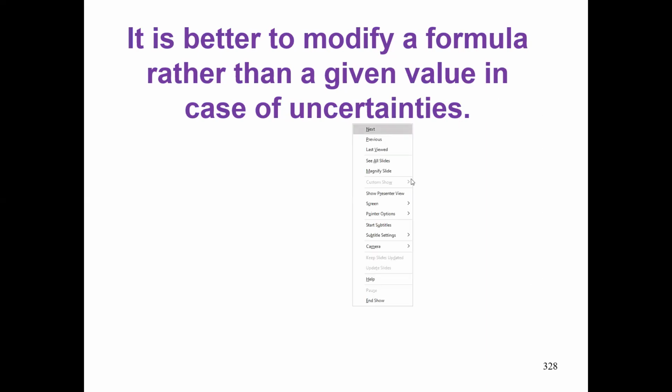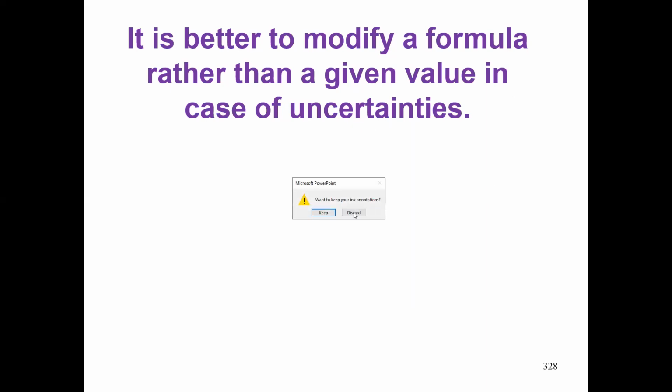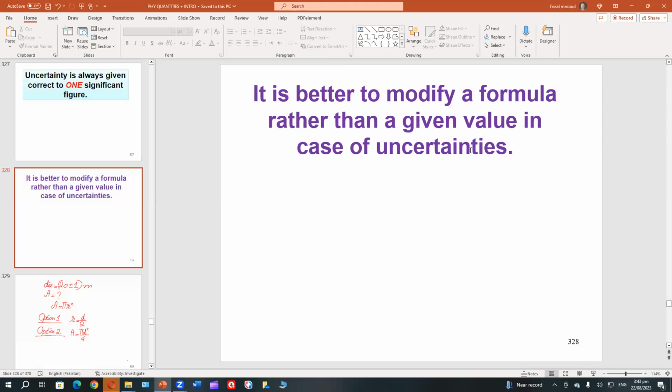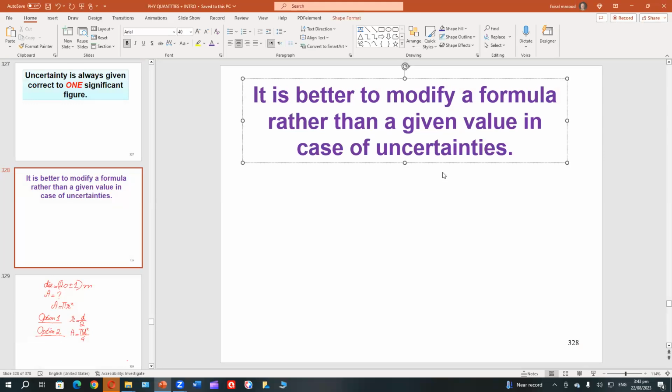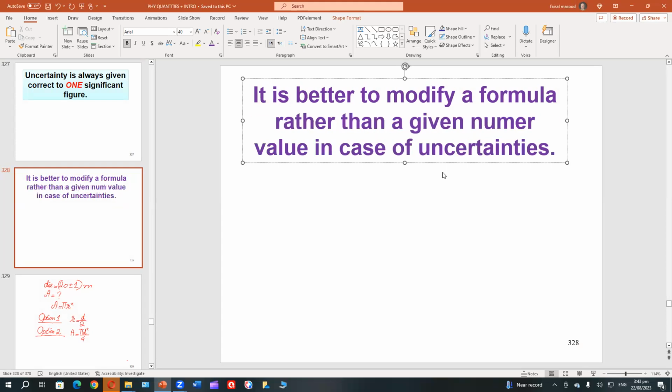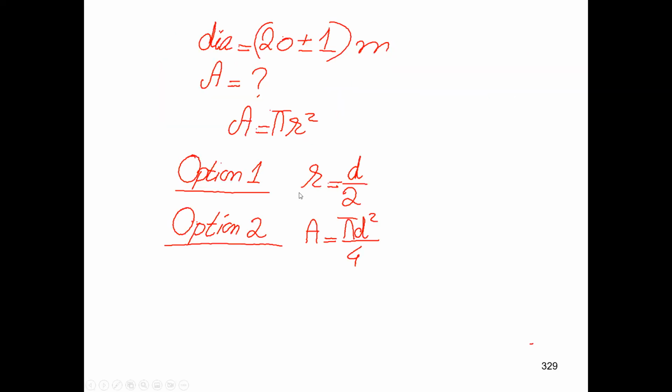So when you are dealing with uncertainty, you should always try to avoid altering or modifying a numerical value. For example, area is a question mark and diameter is given.